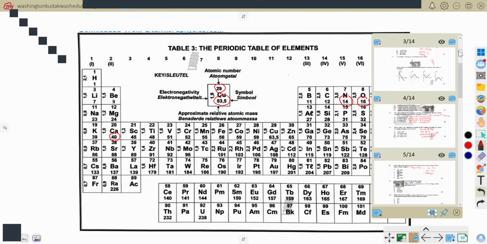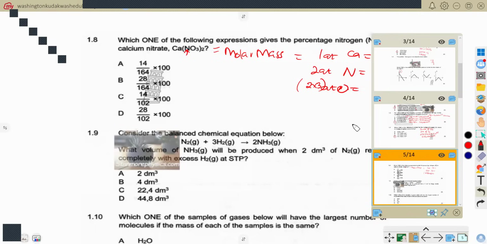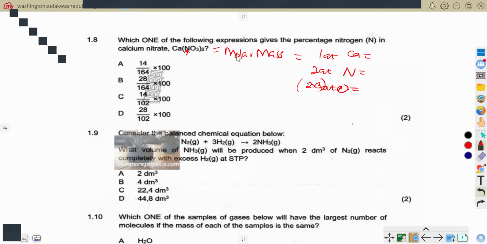So let me just go back to our question and see what they wanted us to do there. Here they wanted us to find the molar mass of calcium nitrate, where we have calcium, nitrogen, and oxygen. We found out that the atomic mass of calcium was 40, of nitrogen was 14, and of oxygen was 16.